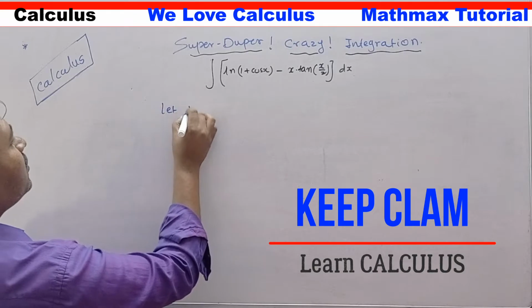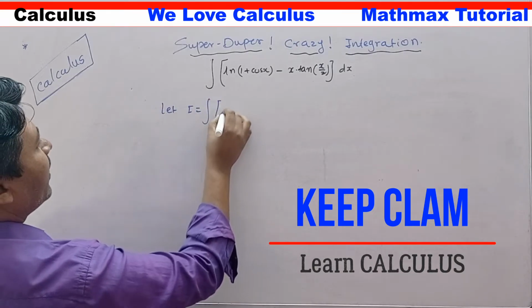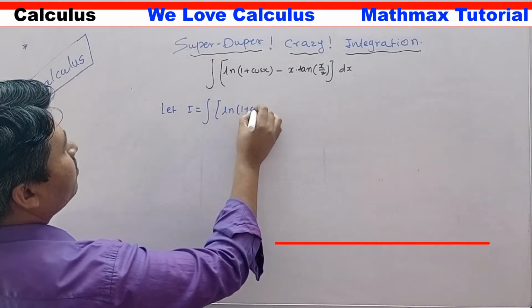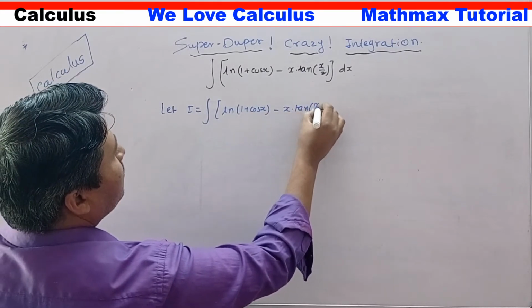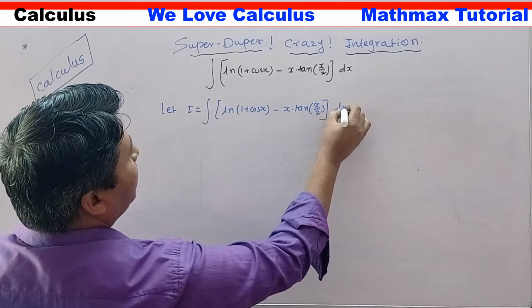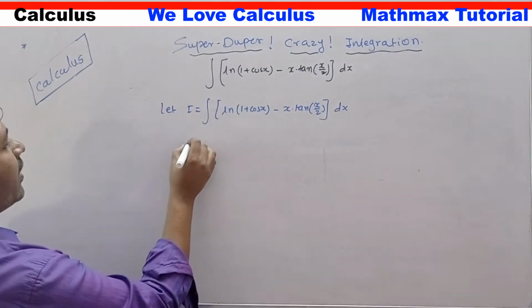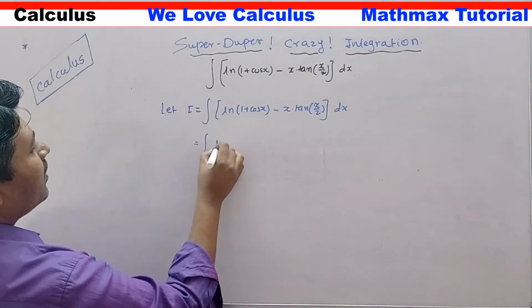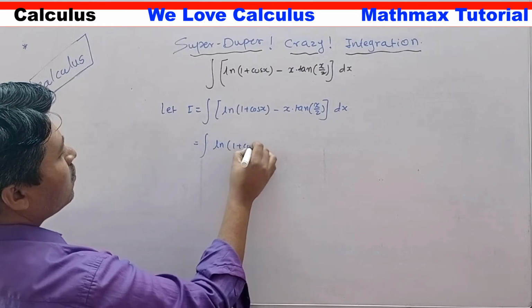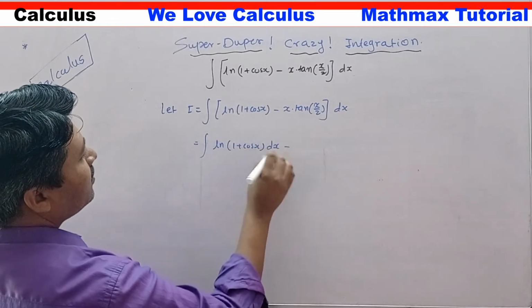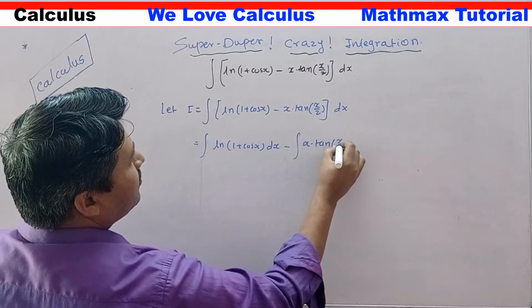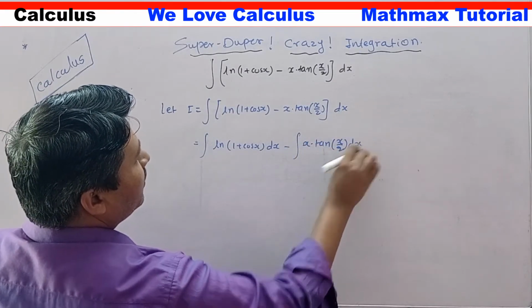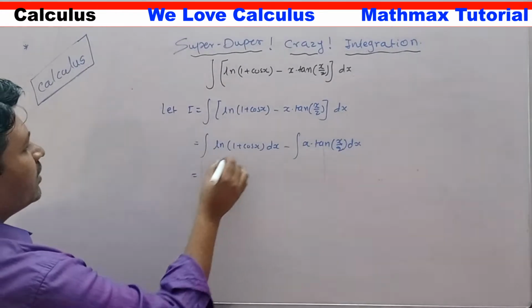Let I be equal to the integration of ln(1 + cos x) - x tan(x/2) dx. Now we can write the simplification as the integration of ln(1 + cos x) dx minus the integration of x tan(x/2) dx.